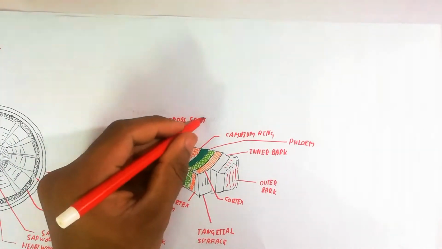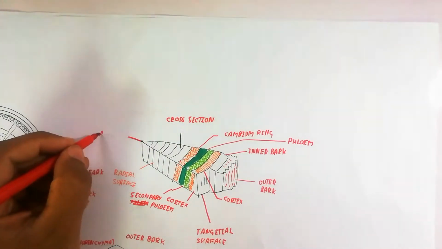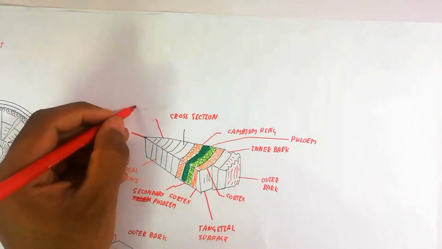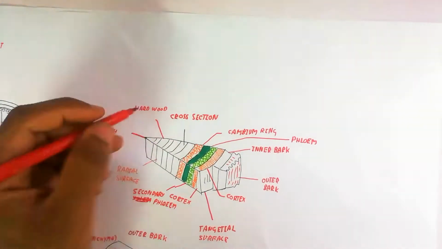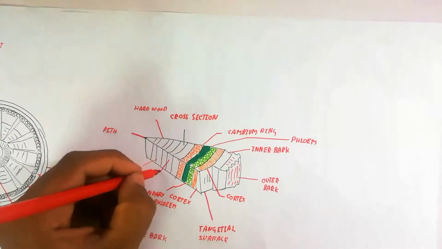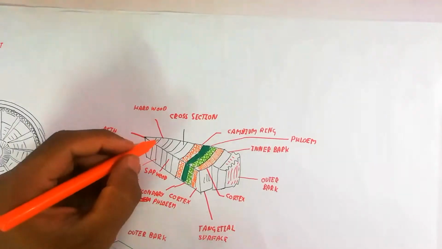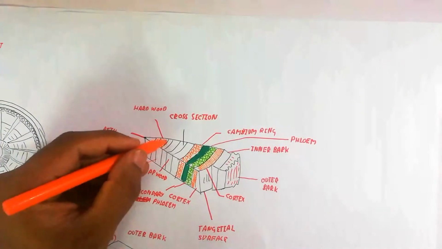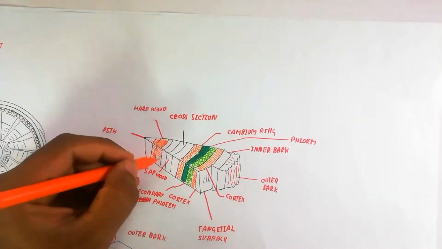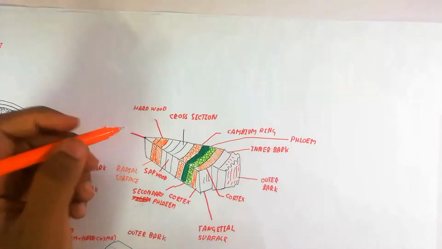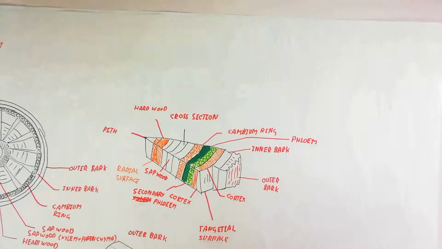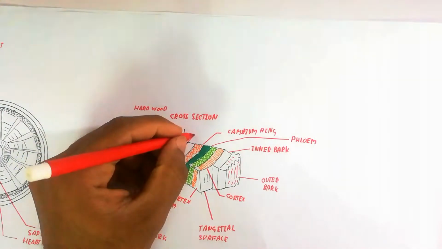The pith is the inactive part of the stem, which stores minerals, iron and some nutrients that are stored into the hardwood. Here is the hardwood, and here is the sapwood, known as softwood. The hardwood is shown in this color.